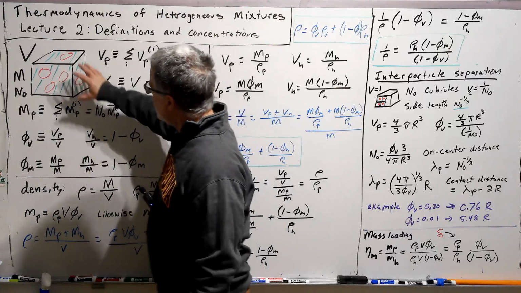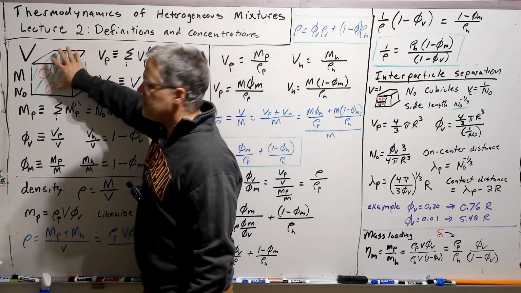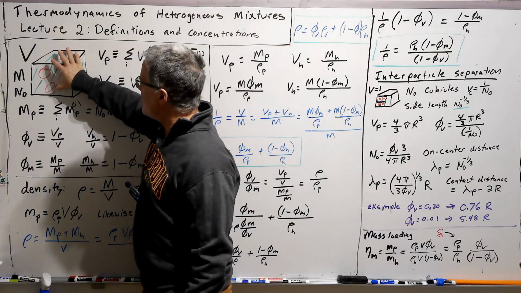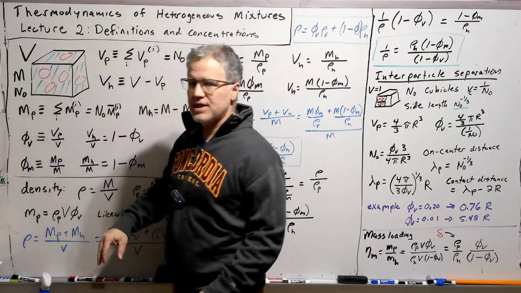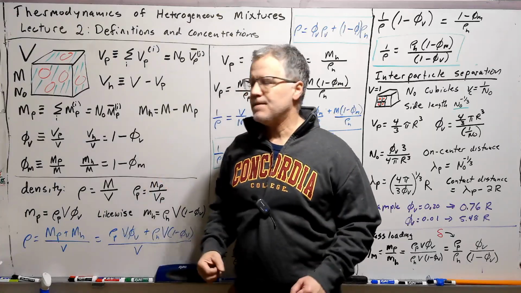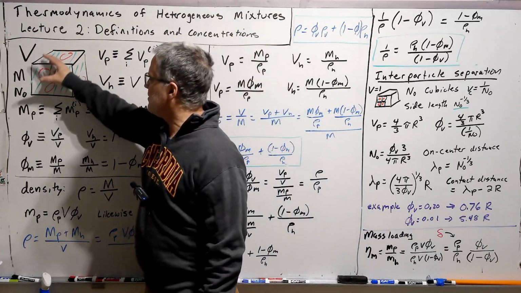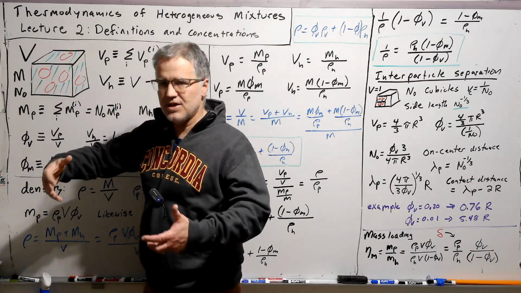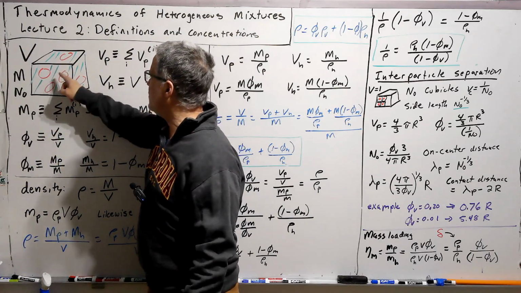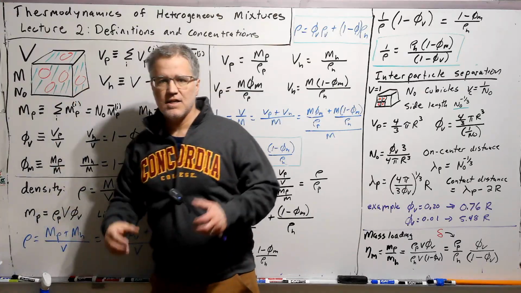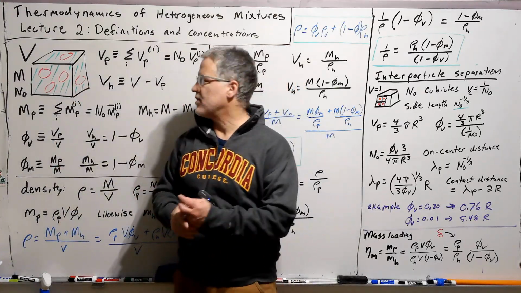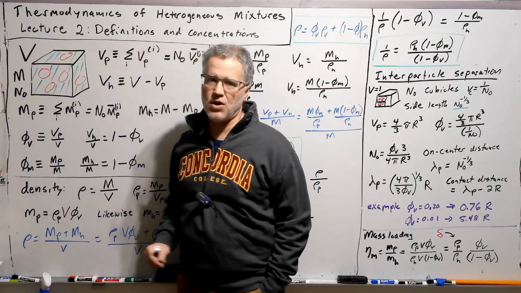Okay, so let's imagine we've got some heterogeneous mixture of volume V. The host, indicated here in green, is what the particles are going into, and the particles in red here are the particles themselves. So again, we'll refer to this as host and particles.